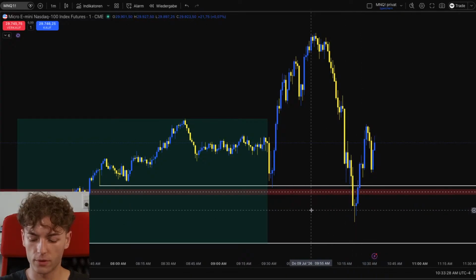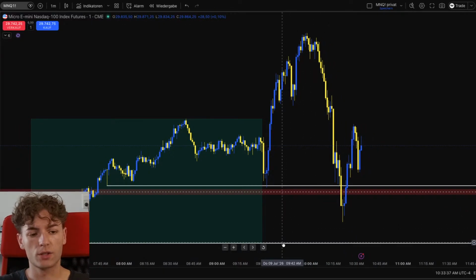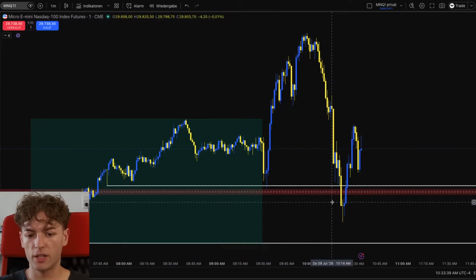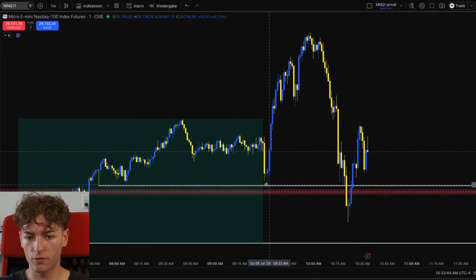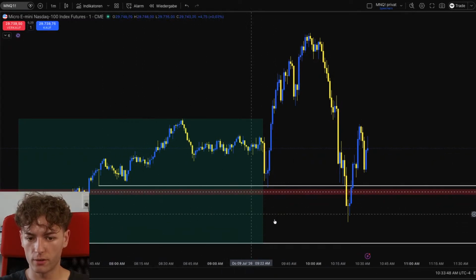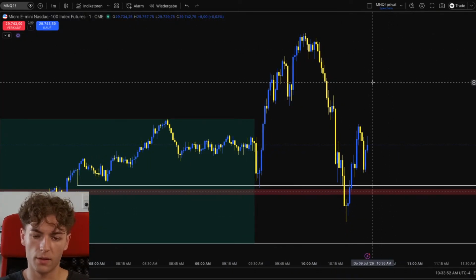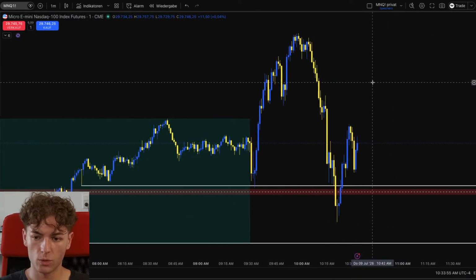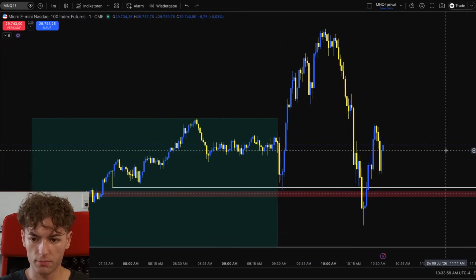So first target, second target, maybe a third target, like 10% of your position, leave a runner towards this low, but take the majority of your position off below this low and midpoint. So that's how I would go about managing this trade.